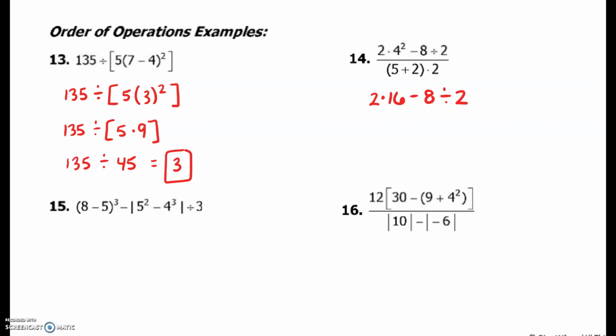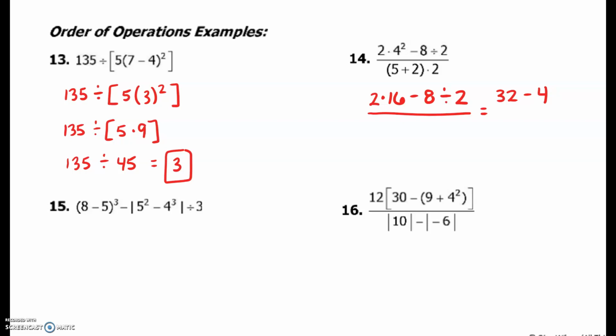Now I'm going to multiply and divide from left to right as I work through this problem. So 2 times 16 is 32, minus 8 divided by 2, which is 4.